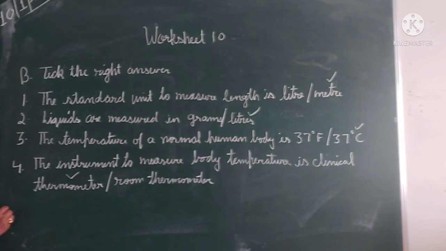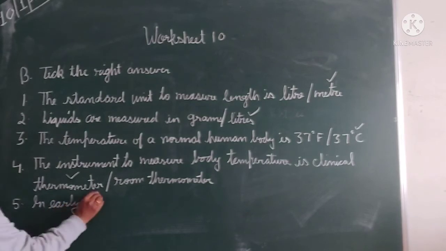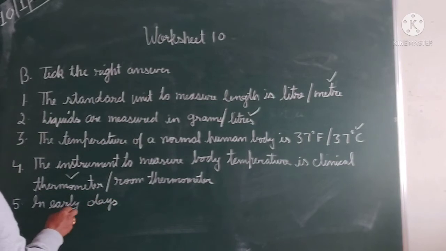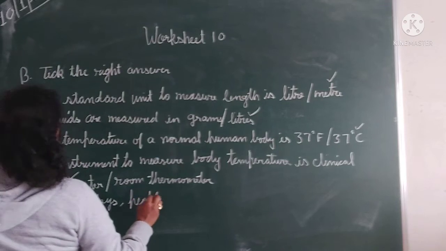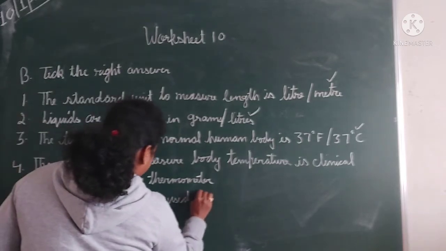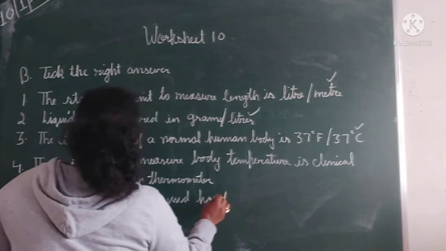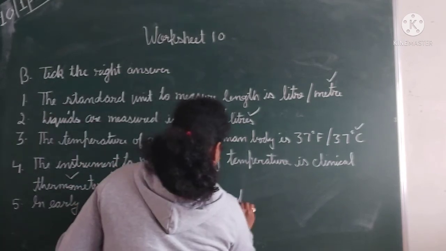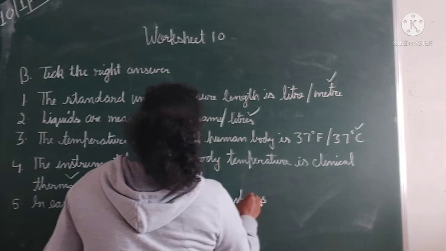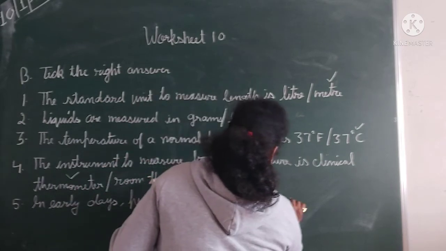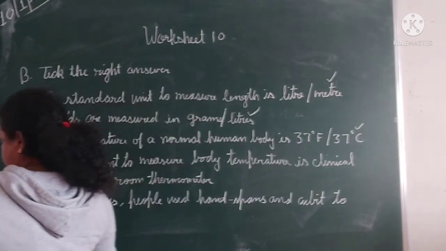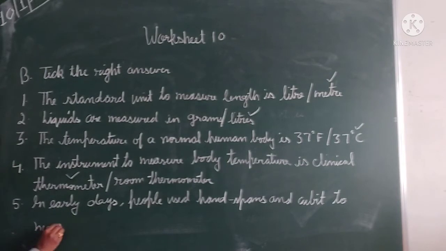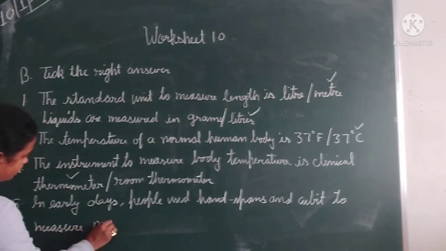Now, fifth one, in early days people used hand spans and cubit to measure mass or length.